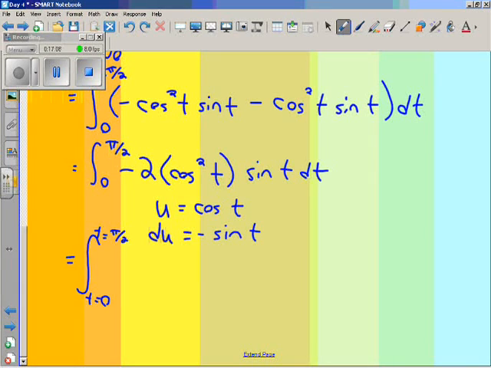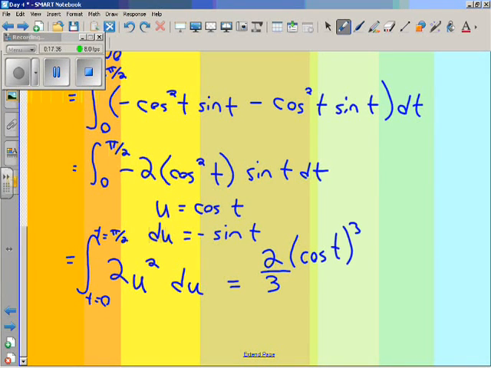And so I think we're just going to have 2u squared du. And so that's going to integrate to what, 2/3 u cubed? And can I go ahead and switch back to cosine? Because that's what u was.